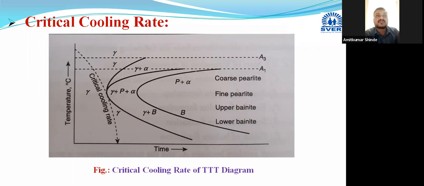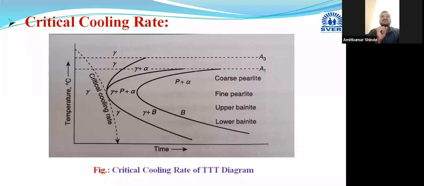Diffusionless transformation means carbon diffusion does not occur in the formation of martensite, but carbon diffusion occurs in pearlite and bainite transformation. I will repeat it again. Austenite has three transformation products: pearlite, bainite, and martensite.